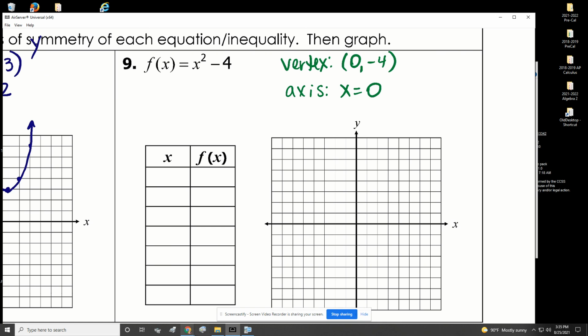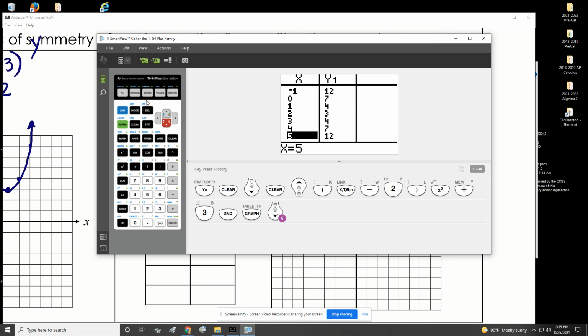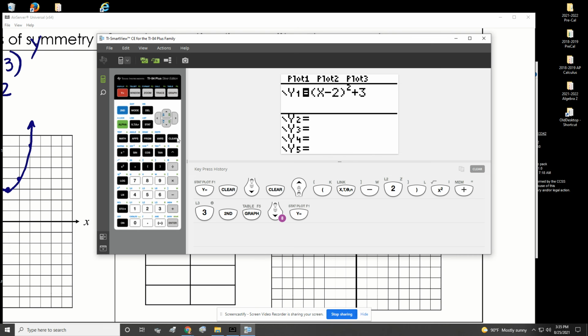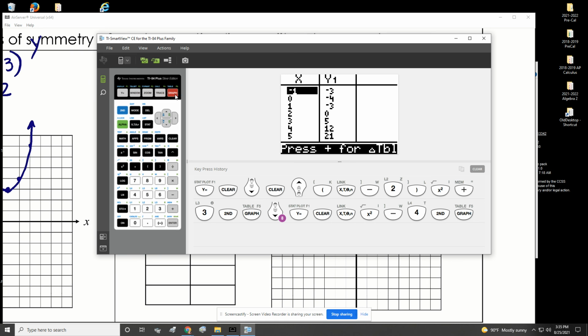Okay, so I'm just going to go to my calculator, clear that out, and type in my new function, x squared minus 4, and then go to the table. And I kind of did this fast last time. To get to a table, it's second graph. Okay, so I want to scroll, and so my vertex is in the middle. My vertex is 0, -4.